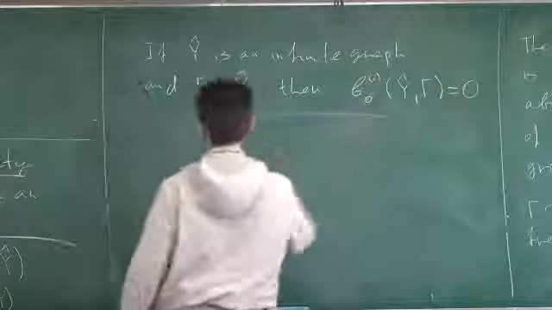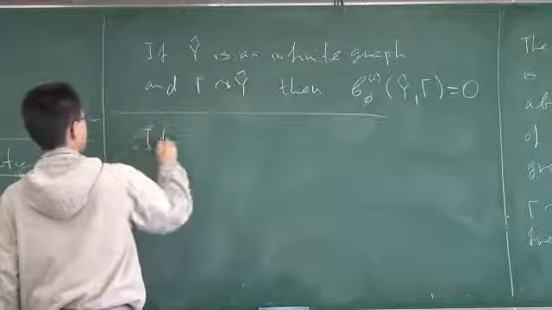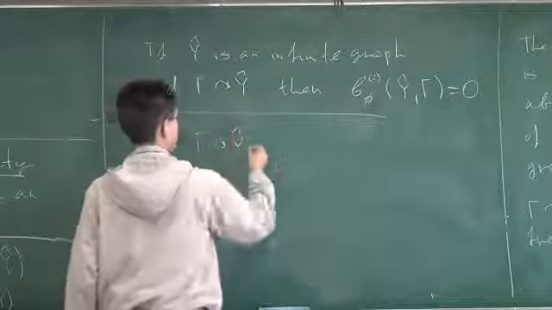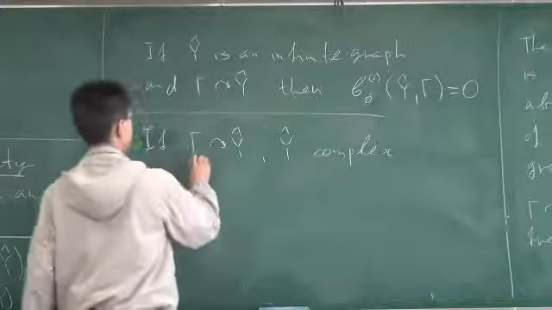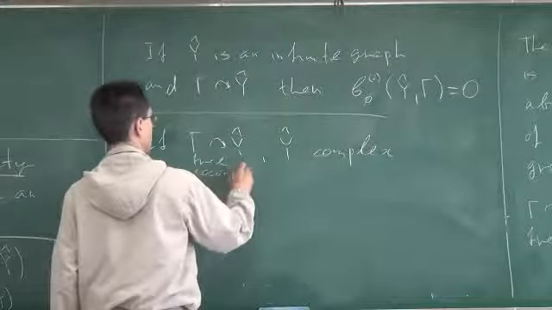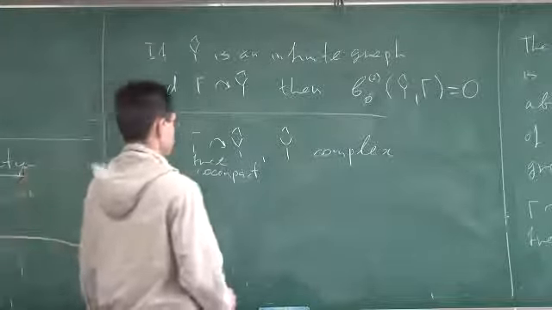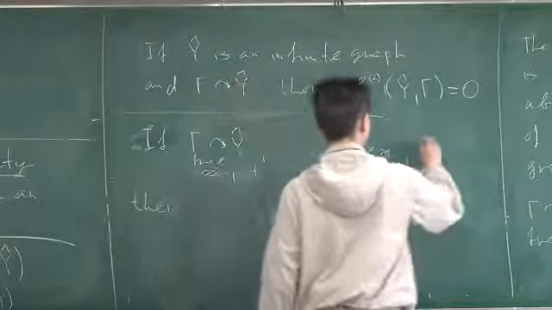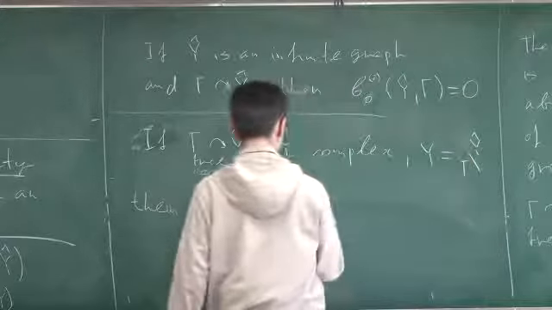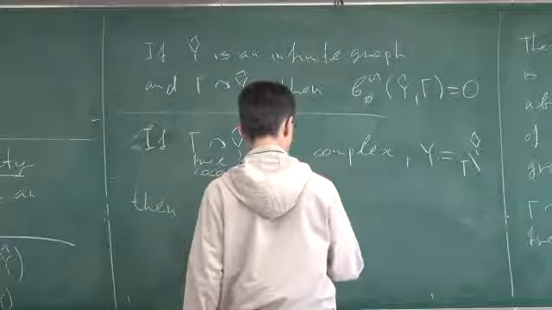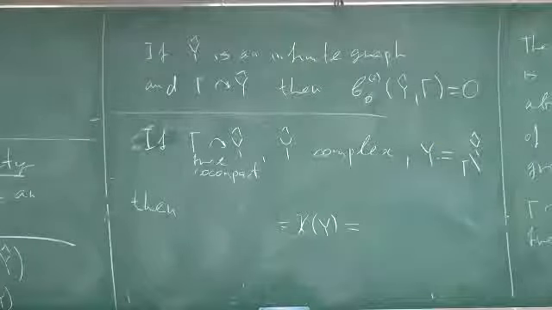So, again in the same situation, if Gamma acts on Y hat, and Y hat is a complex, again assuming free and co-compact, and Y is the quotient, then the Euler characteristic of the quotient can be written in two different ways, but it's the same number.